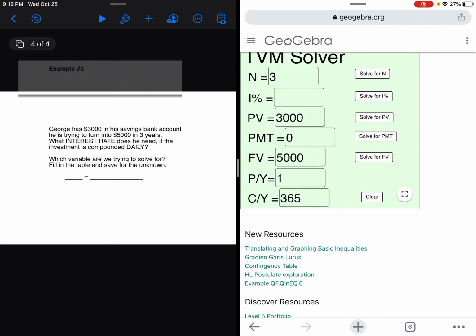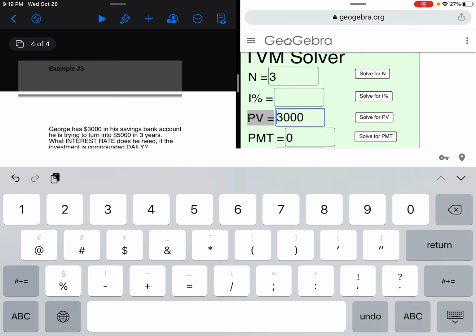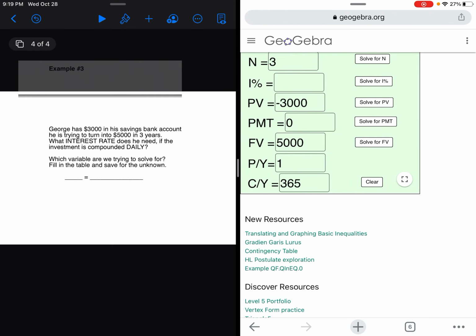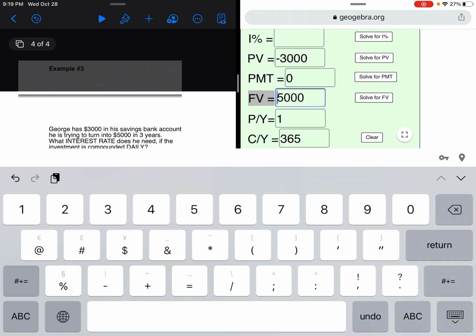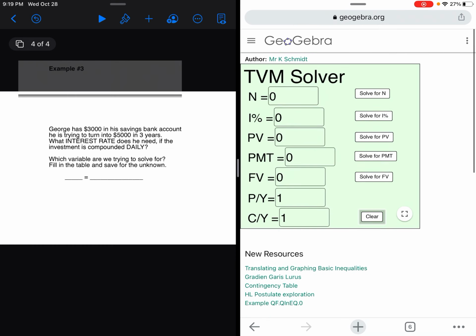The reason that it's not giving me anything here is that I need to put $3,000 in, so that's going to be minus 3,000. Now if I solve for my interest, it's still not working. Let's put that at the end, and let's put 3,000 here. Let's try this again.